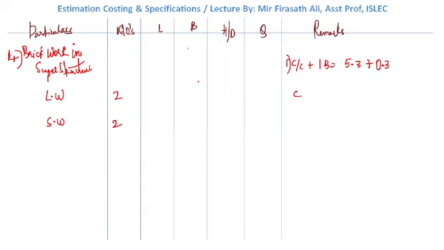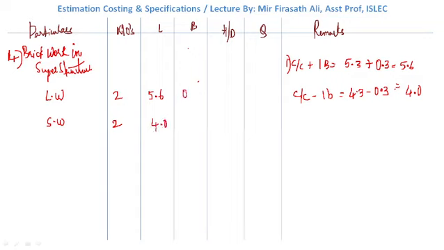For the short wall we have center to center minus 1 breadth, 4.3 minus 0.3. So the first one we have got as 5.6, and the last as 4.0. Substitute these two in the length: 5.6, 4.0.